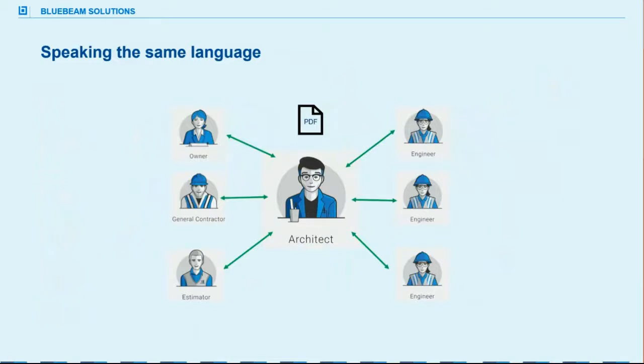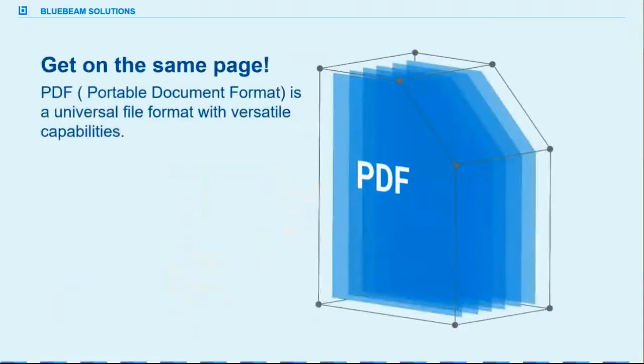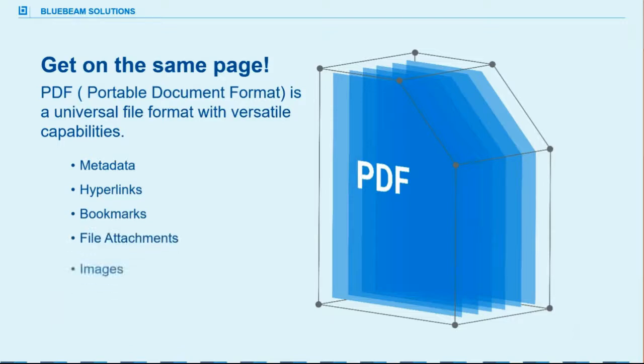And that same language is the power of having a unified file format called the PDF. To get on the same page, PDF, or portable document format, is a universal file format with versatile compatibilities, some of which can include such things as metadata, hyperlinks, bookmarks, file attachments, images, spaces.